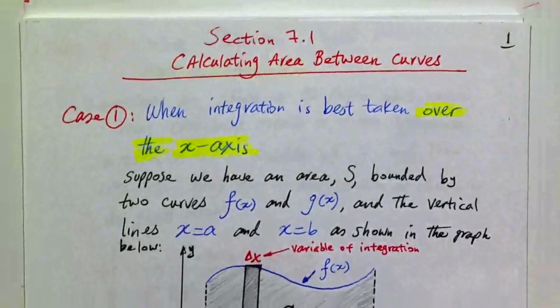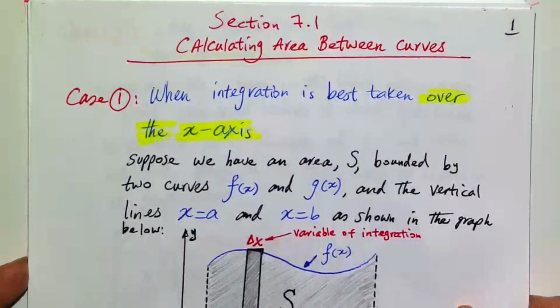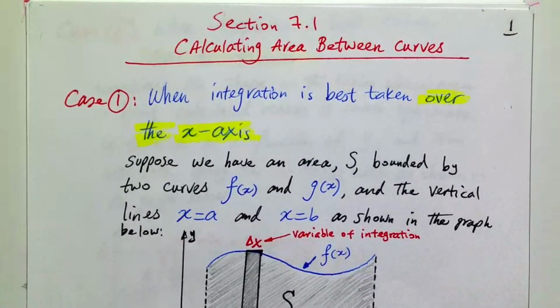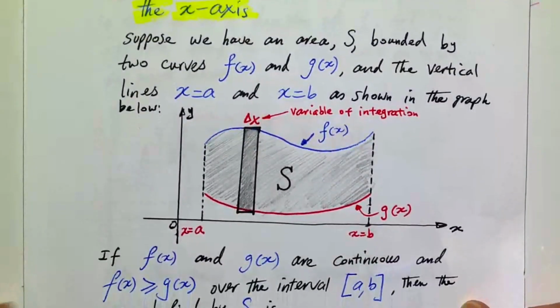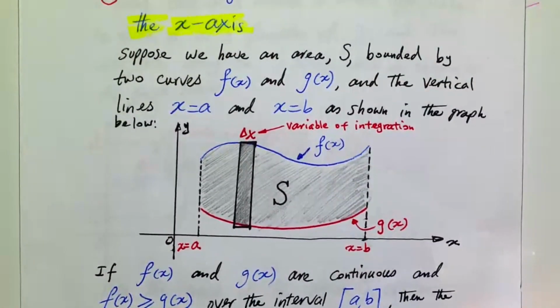Now, as you can see on the screen, I've broken this up into two cases. Case one is when we integrate over the x-axis. So basically the picture that you see on the screen says it all.